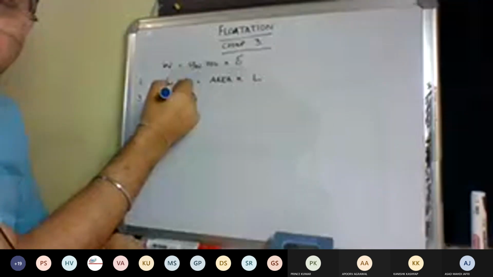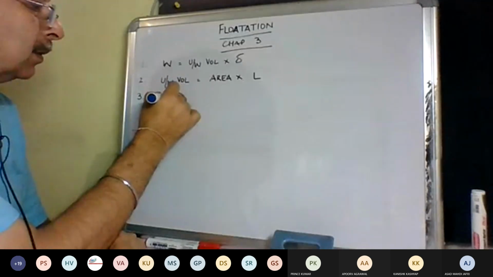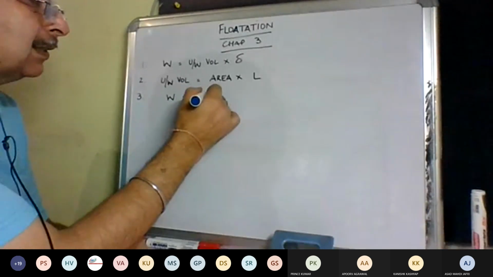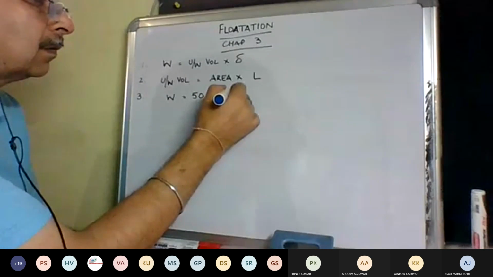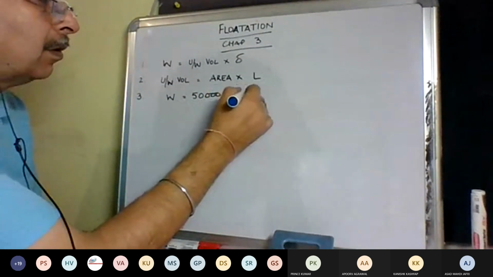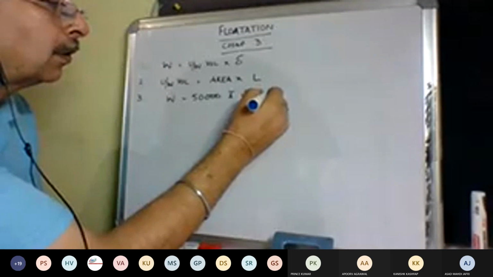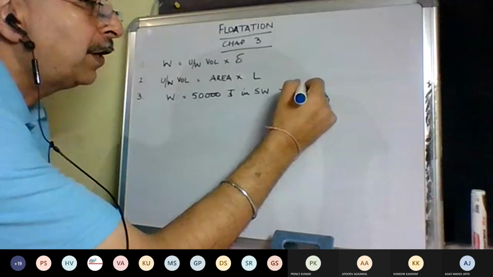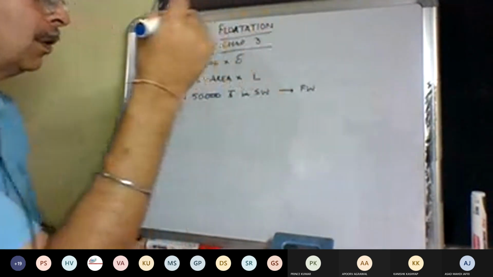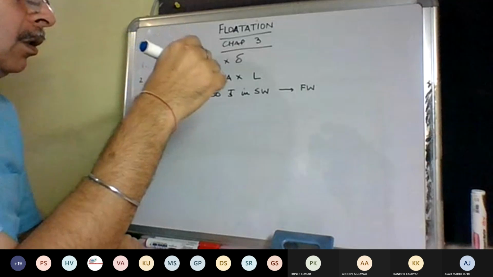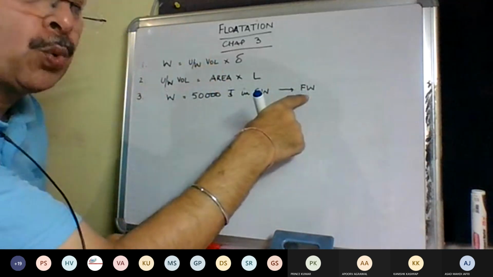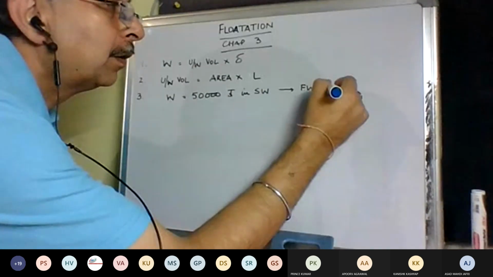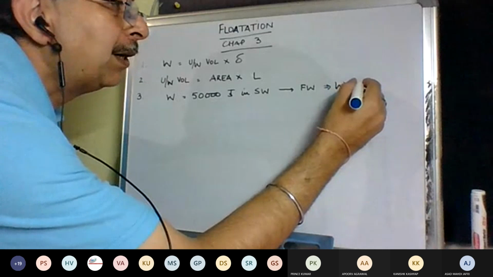If a vessel is having a displacement of 50,000 metric tons in salt water, now from salt water, when she goes to fresh water, her displacement in fresh water will not change. Her displacement in fresh water will again be equal to 50,000 metric tons.